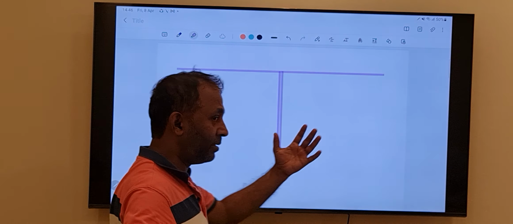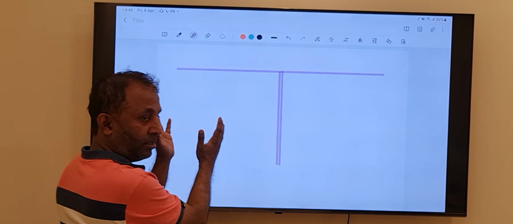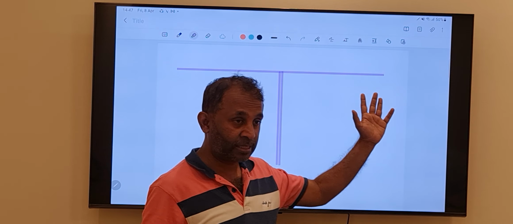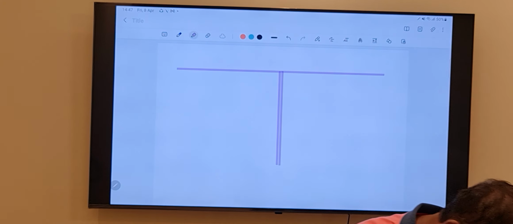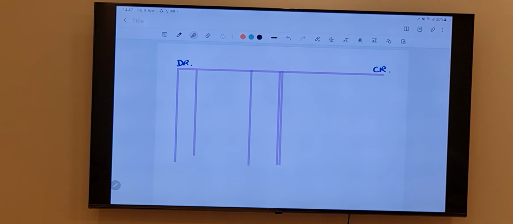You can think like standing like this. If you are standing like this, the right hand side is debit, the left hand side is credit. So you show here debit and credit. You can also put some additional details here. For example, you can add the date, and the description.